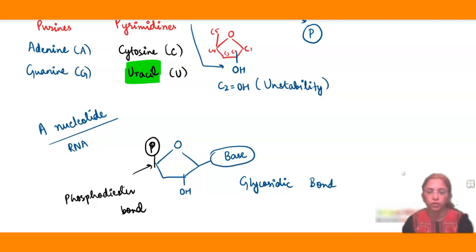Okay. So when you are going to make the polynucleotidic structure of RNA, it will be similar to what I have explained in DNA. But in the case of RNA, only one strand will be there because RNA is single stranded. So we will not talk about the other strand. So one strand will run from 5' to 3' direction.